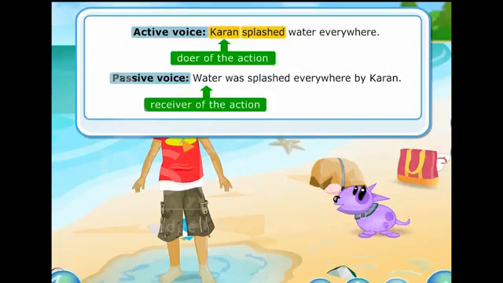In the first sentence, Karan splashed tells us that Karan was the doer of the action. Splashed is the verb in the active voice. In the second sentence, water was splashed tells us that the water was the receiver of the action. Was splashed is the verb in the passive voice.